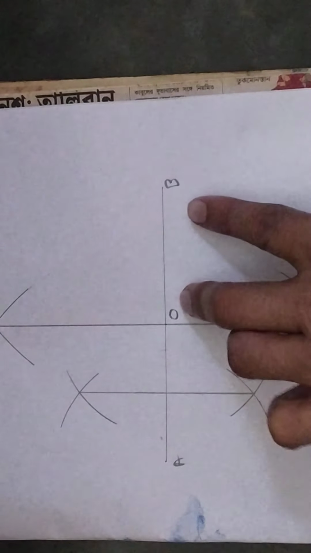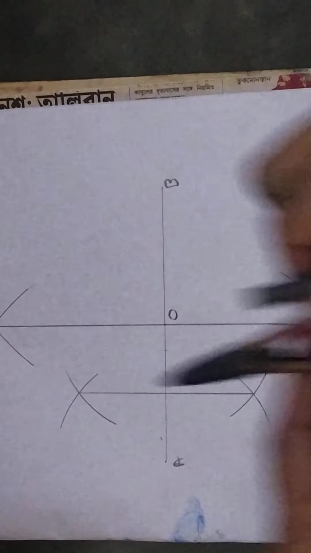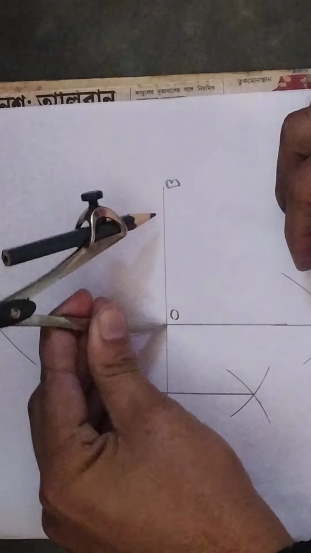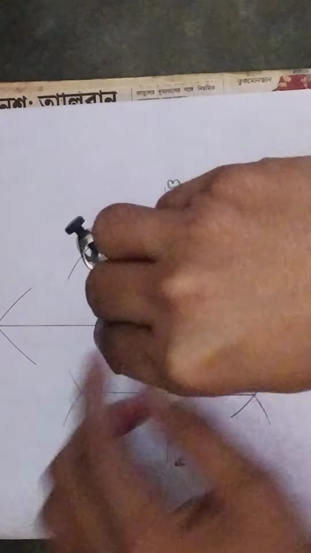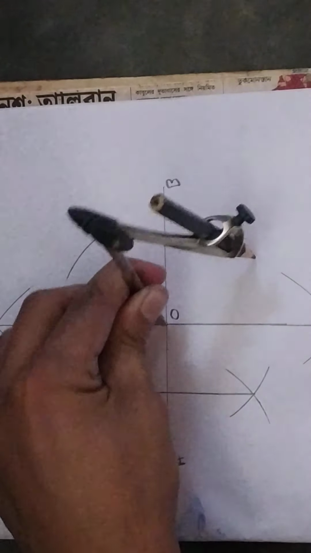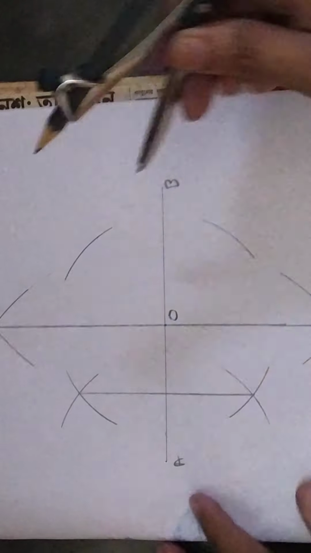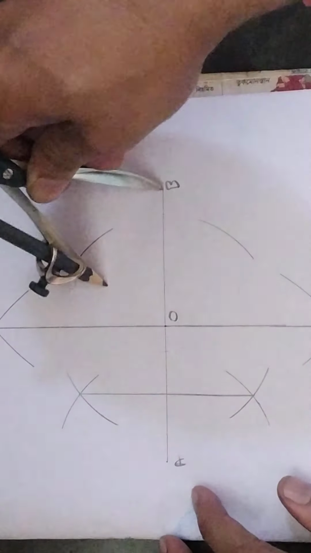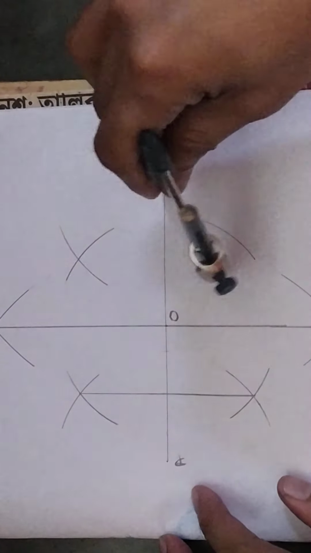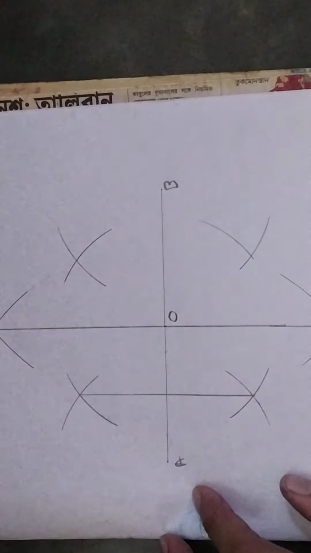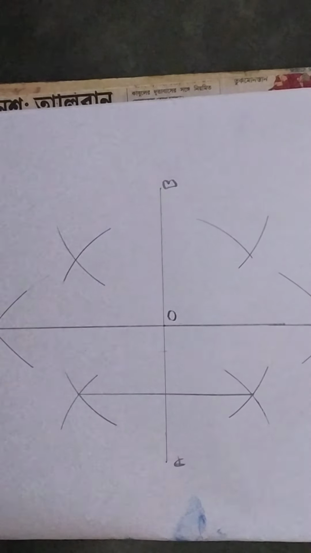Similarly, the same thing you have to do over here, OB. Again, you have to take more than half. This is more than half. Again, you draw at the top and at the bottom. Again, from the B point, you draw another arc at the top and here at the bottom. So again, you will join it.